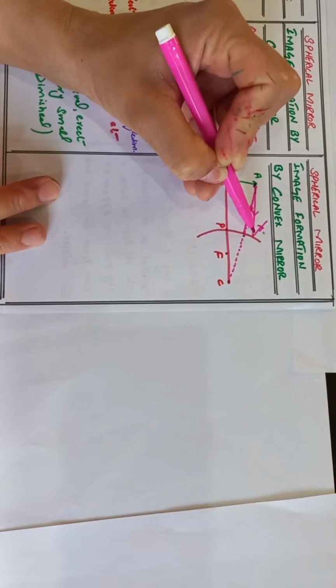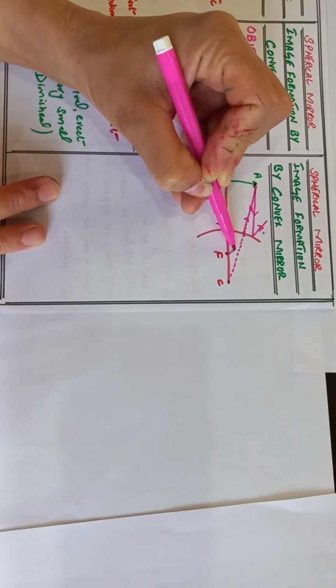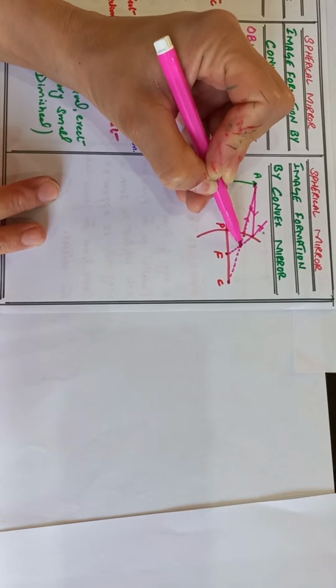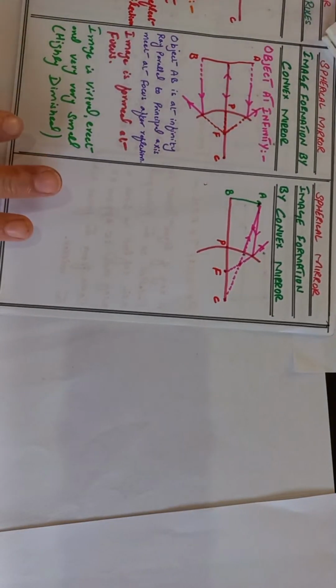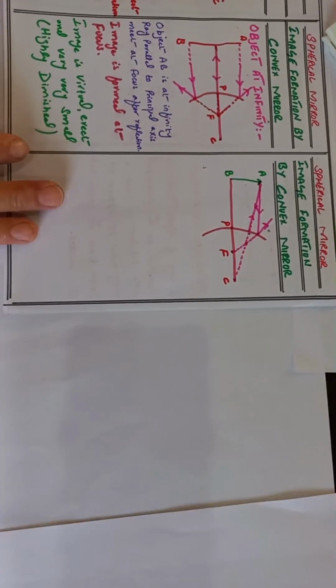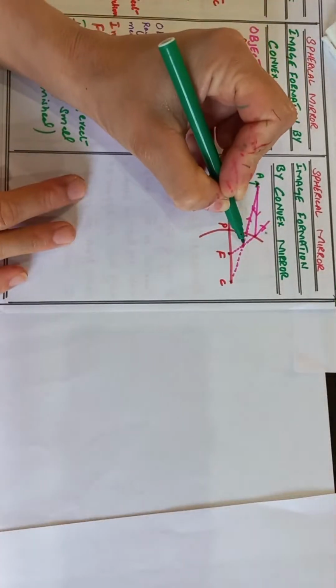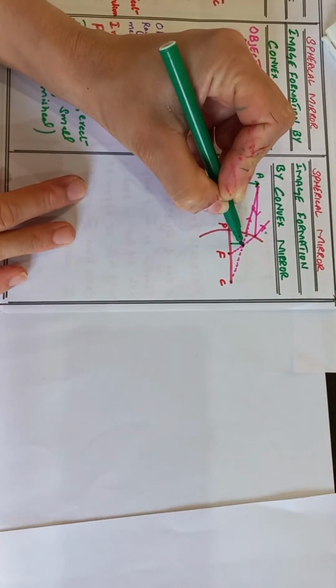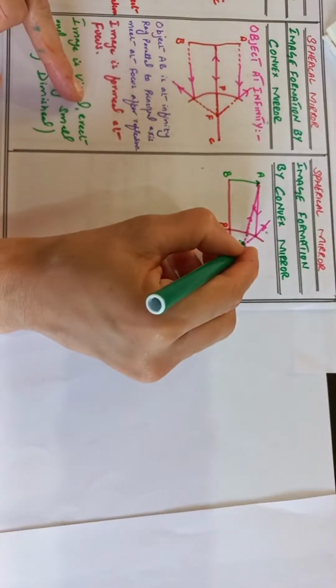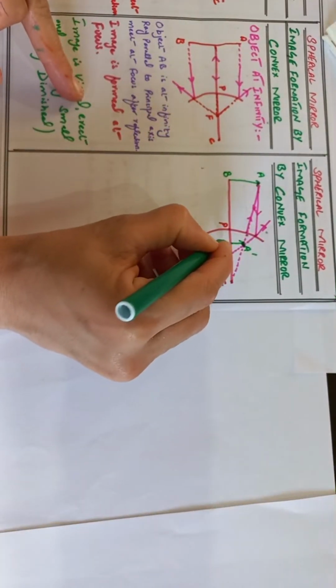If we trace this ray behind the mirror, they meet at this point. This is the point where the image is formed. We know that when the image is formed behind the mirror, it is always virtual and erect. So here is the image that is formed, A dash and B dash.